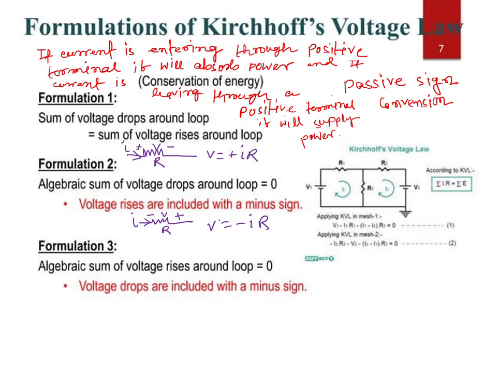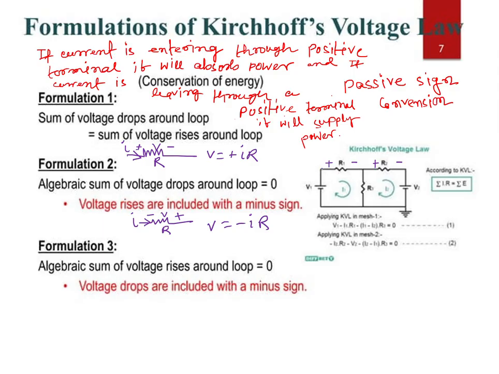Since the current is entering through this terminal, this is plus and this is minus, because nothing is mentioned about the resistance, so the resistance will absorb power, I know.